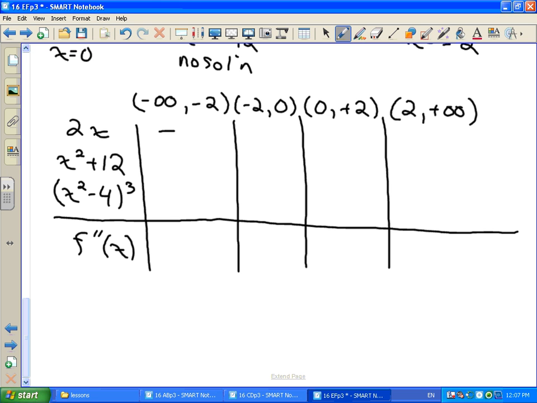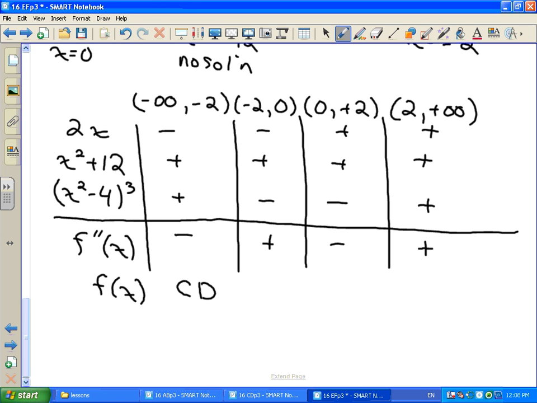We're going to have negative, negative, positive, positive, positive everywhere because the x is squared. And here we are going to have positive, negative, negative, positive. So what does this tell us for our function? Where the second derivative is negative, this is going to be concave down. Positive, it's going to be concave up, then concave down, and then concave up.